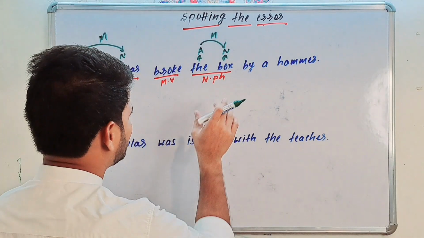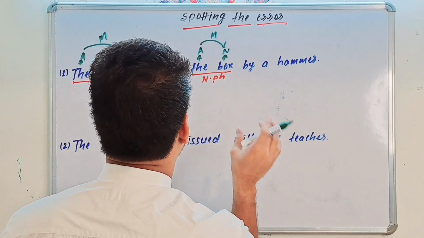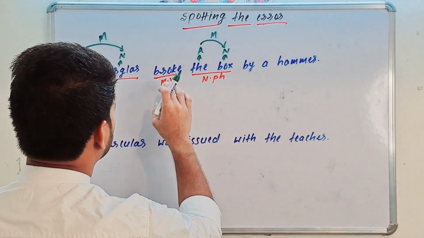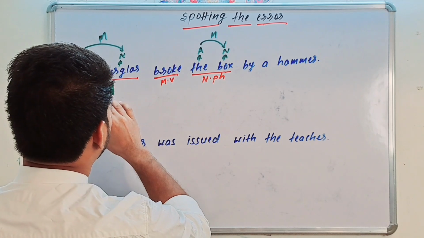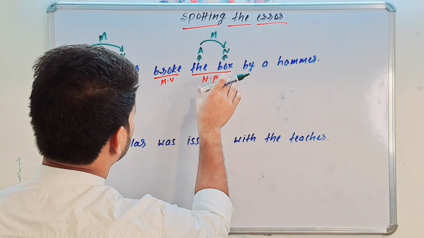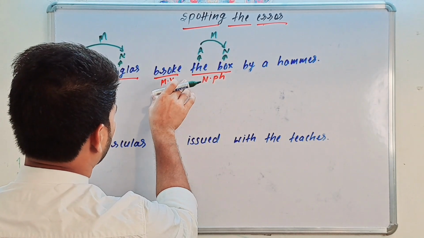The burglar broke the box. Broke is your main verb. The burglar broke what? The box, noun phrase.